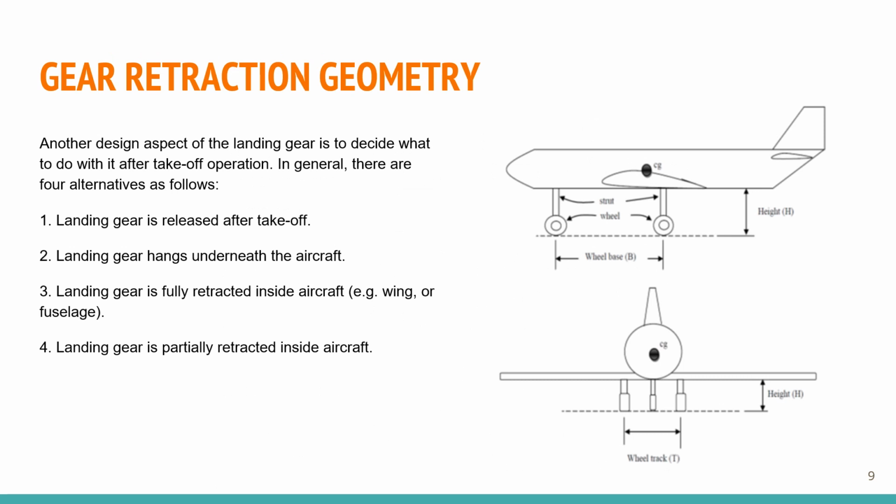Gear retraction geometry. Another aspect in the landing gear is to decide whether after the takeoff the landing gear is exposed to air or taken back into the belly of the fuselage. In this, we can have four different alternatives. The landing gear is released after the takeoff.